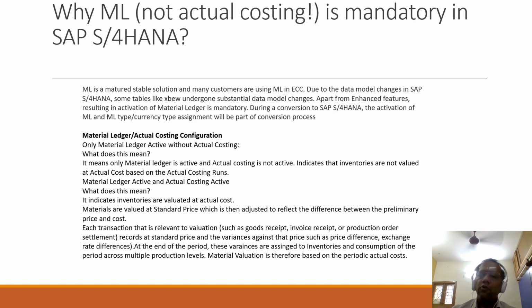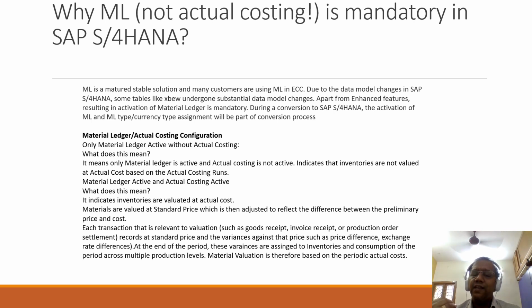When you do the work in progress, we will do the evaluation of work in progress, and then we will calculate the finished goods, and then we will do the variance settlement, and in that we will have price differences also, and exchange rate differences also. At the end of the period, these variances are assigned to the inventories on consumption of the period across the multiple production levels. Material valuation is based on the actual cost.